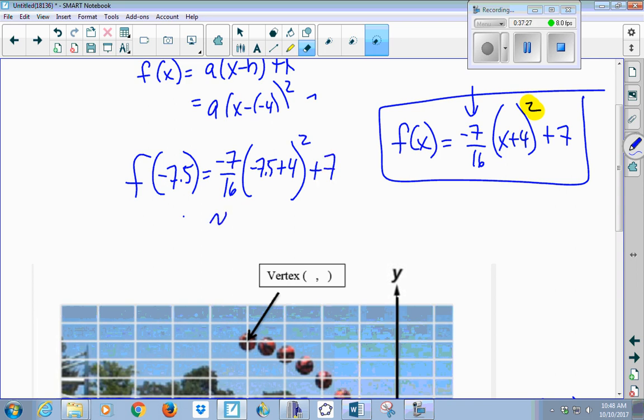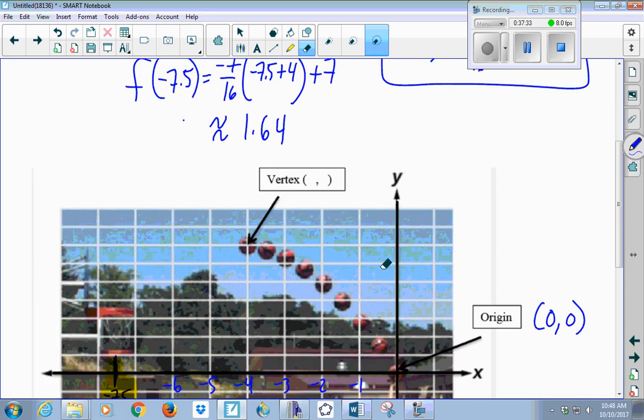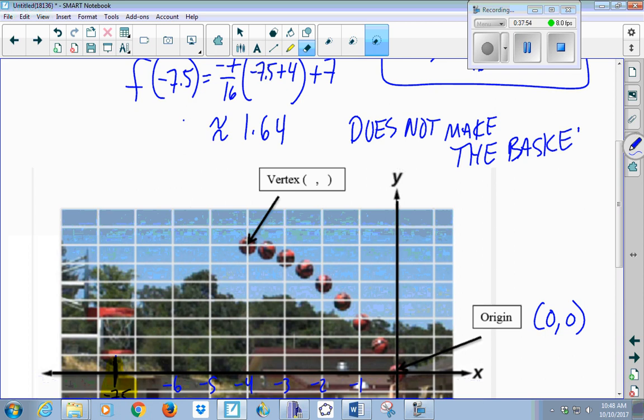When I do out the arithmetic, I get about 1.64 feet, which means when the ball comes down, it's going to be at 1.64 feet. And the height needs to be roughly right here, about 4 feet. So he does not make the shot. Does not make the basket. So that's a sad face.